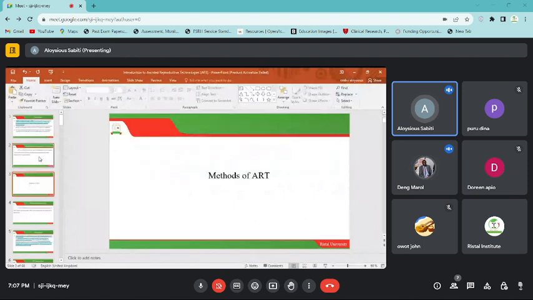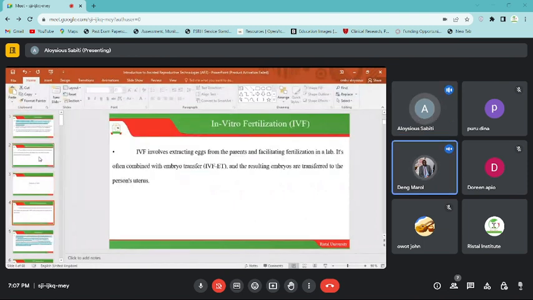And we looked at some of the methods, and once again today, I want us to look deeper into some of the methods, but also I want us to understand how some of these ART methods work. And we shall go through them.